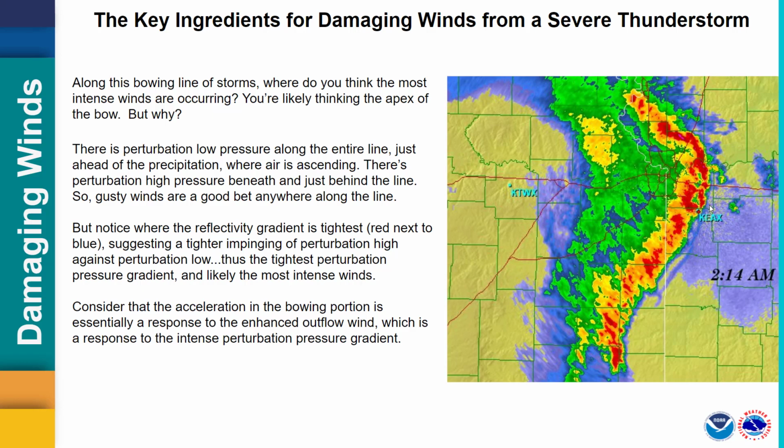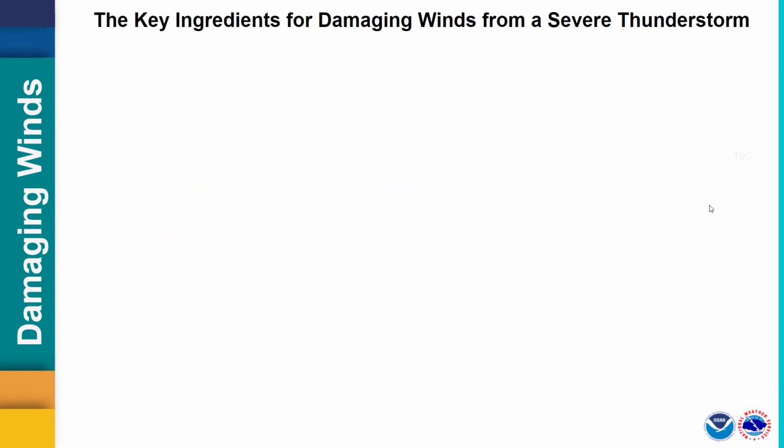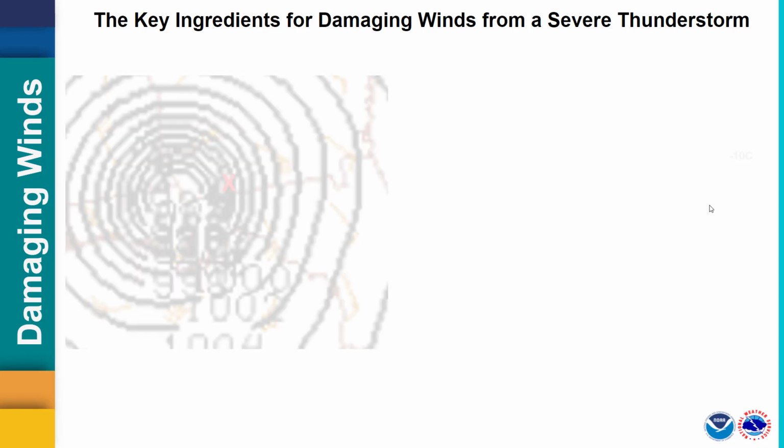Consider that the acceleration in this bowing portion of the line is essentially a response to the enhanced outflow wind, which is a response to the intense perturbation pressure gradient. So what level of perturbation pressure gradient do we need to drive severe criteria outflow winds? Think about a hurricane, such as Hurricane Michael shown here.